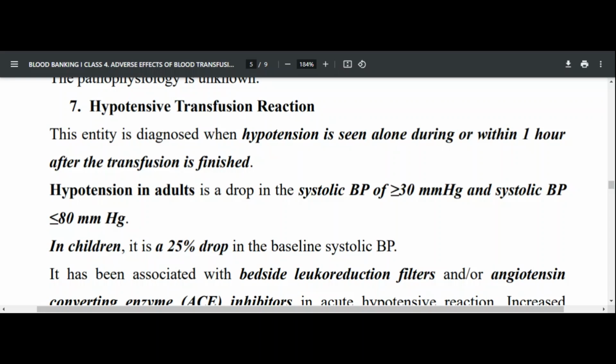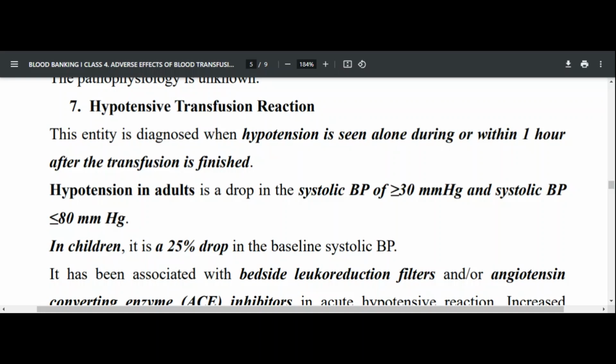That is, a drop in systolic blood pressure of at least 30 millimeters of mercury and above, and also a systolic blood pressure of less than 80 millimeters of mercury during transfusion.